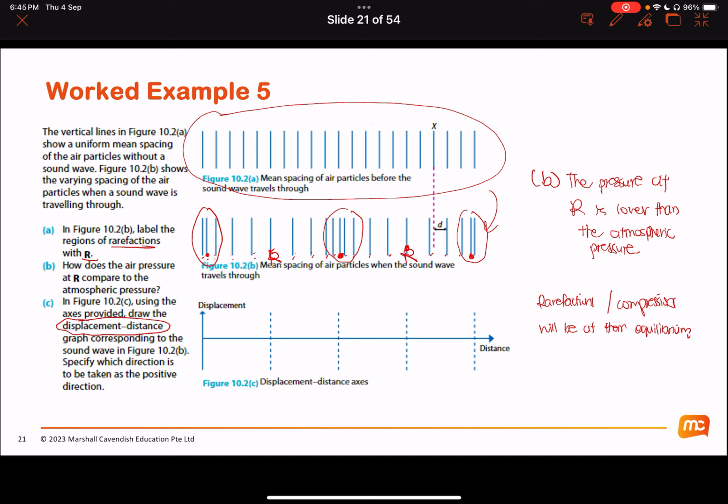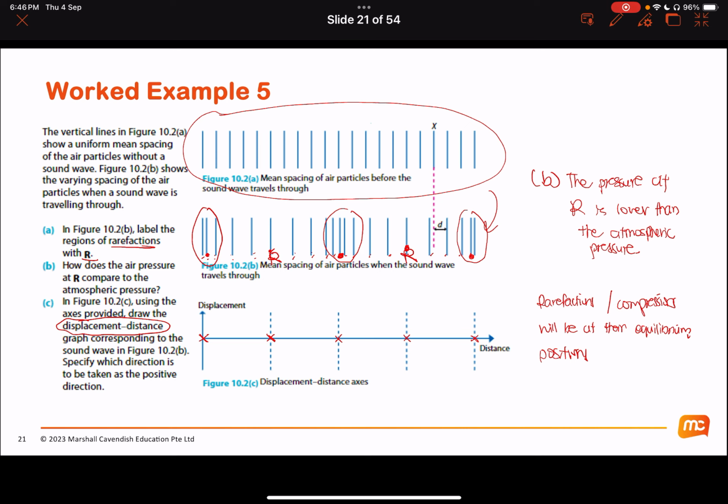It's either the particles around them are squeezing them or getting away from them. So the particles at the rarefaction and compression will all be at zero displacement.